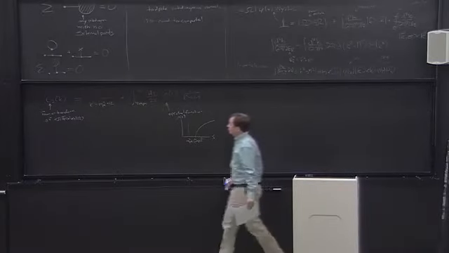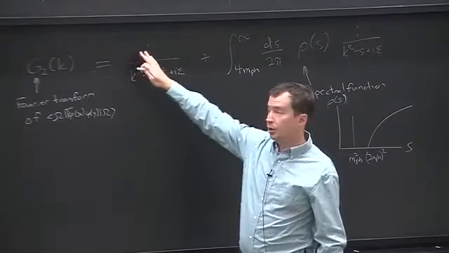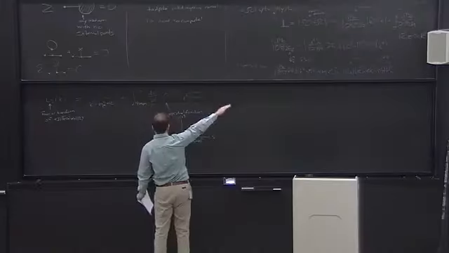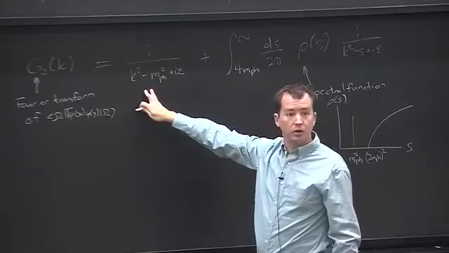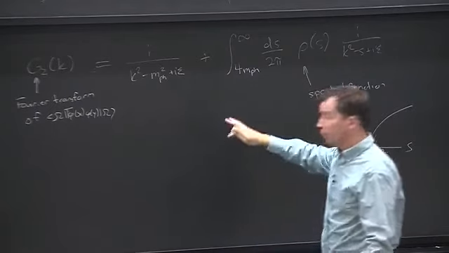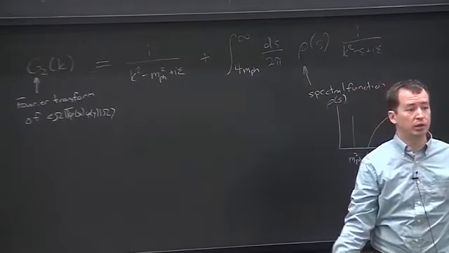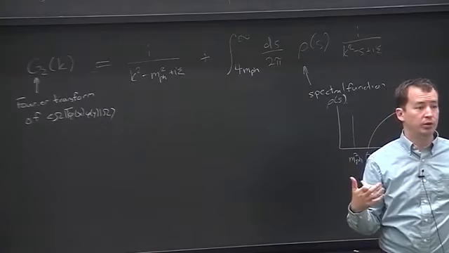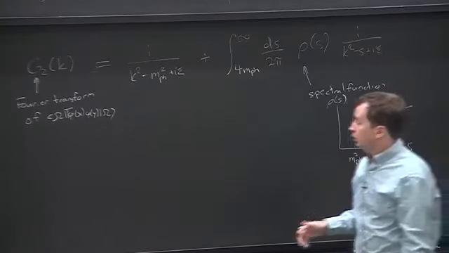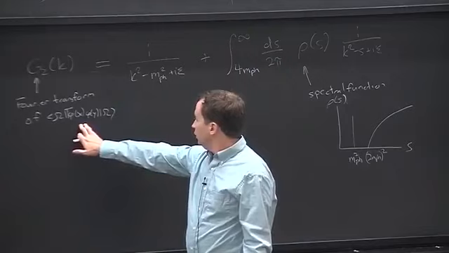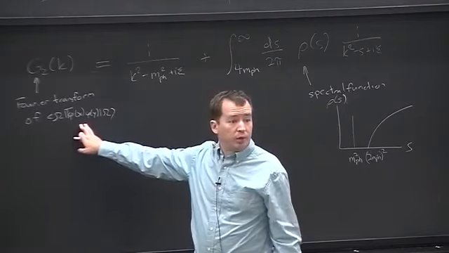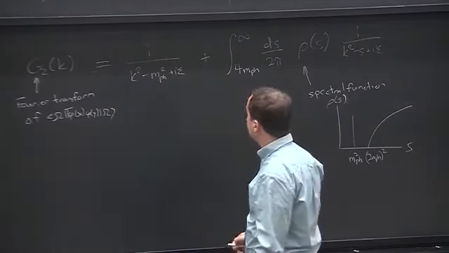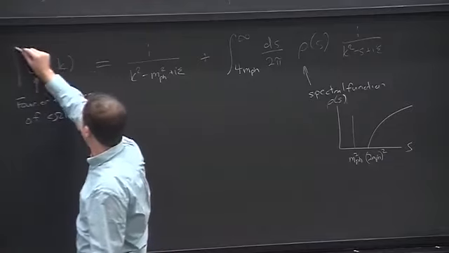So there's some algebra in between what I've done and our final result, but it's exactly analogous to what we did when we computed the Feynman propagator in free theory. So this is an exact result.